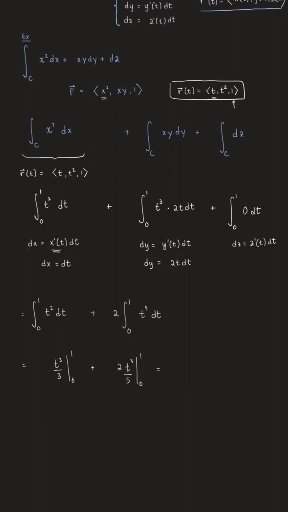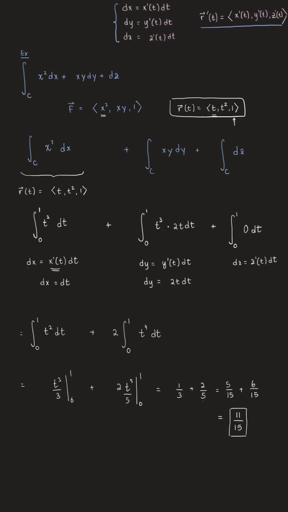The first integral gives me 1/3. The second integral gives me 2/5. We can get a common denominator of 15, so we have 5/15 plus 6/15. Did I do that right? The second one I didn't do right at first. 2 times 3 is 6. That's right. And this is 11 over 15, and that's the value of our integral.